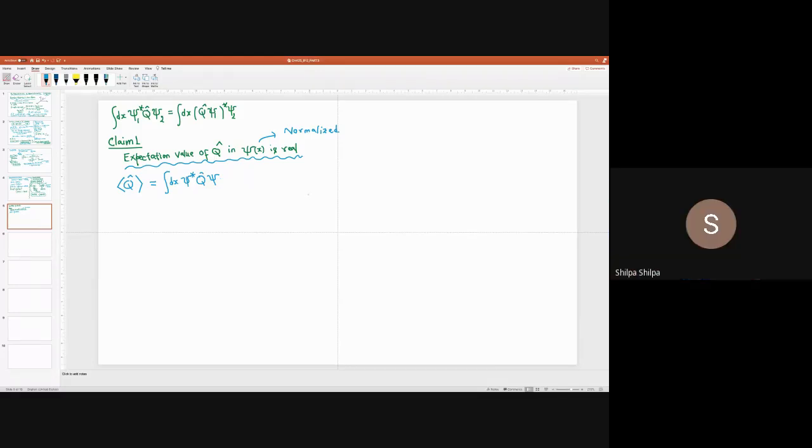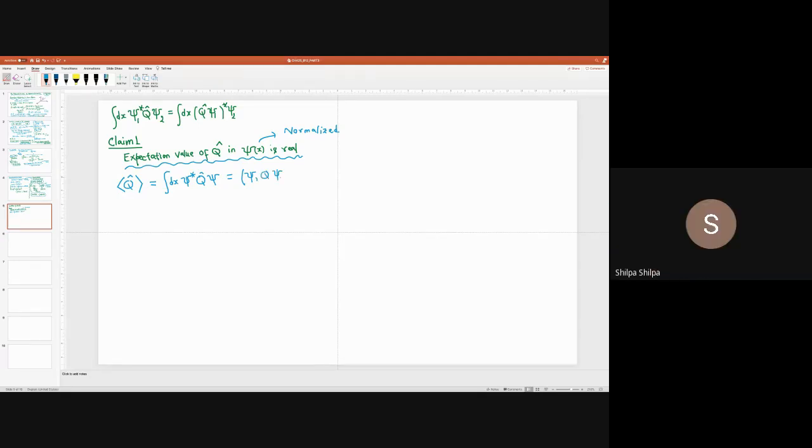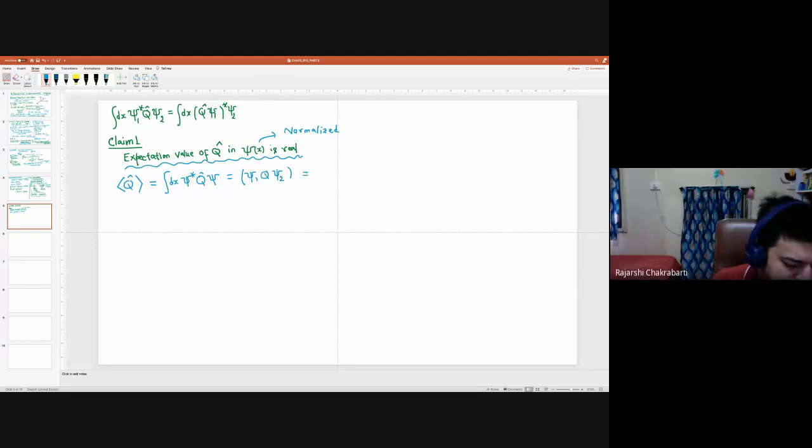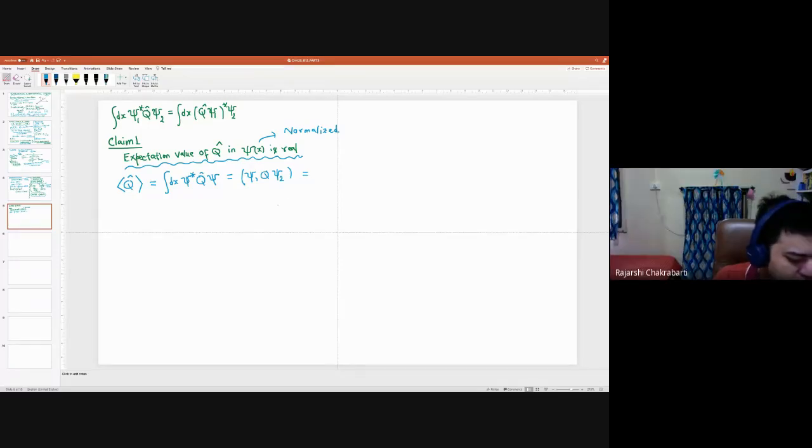And if I use our new notation, because we are very lazy, I can write it like this. But again, what is this equal to?